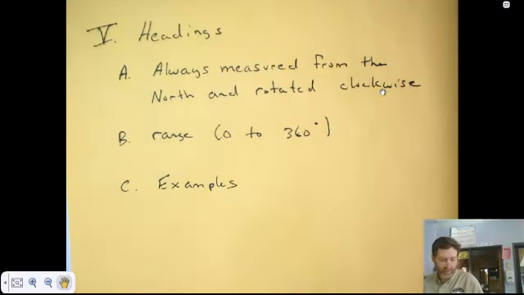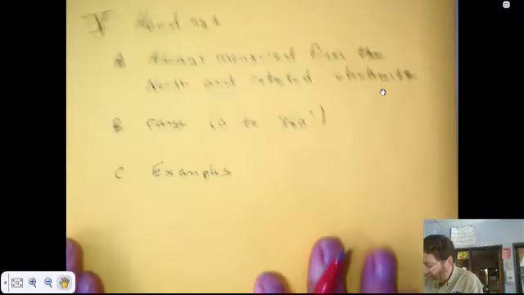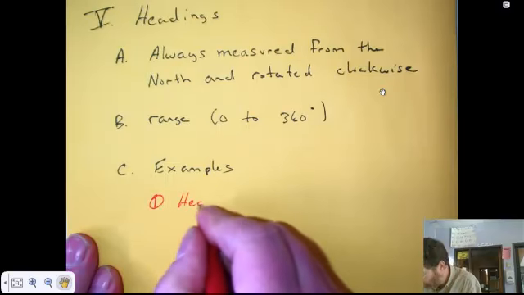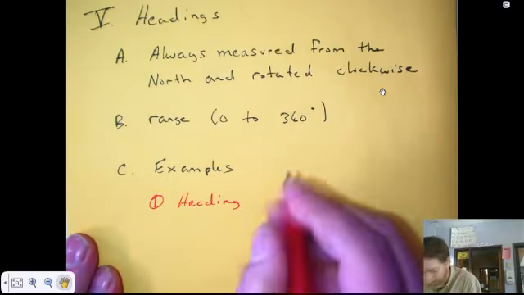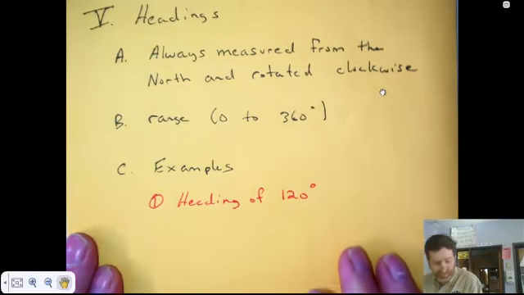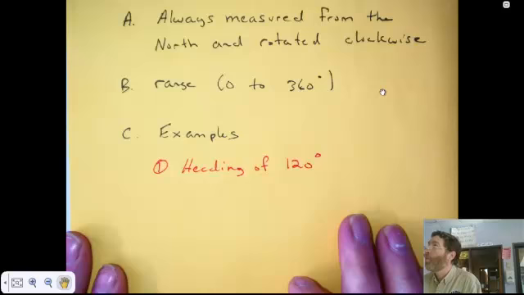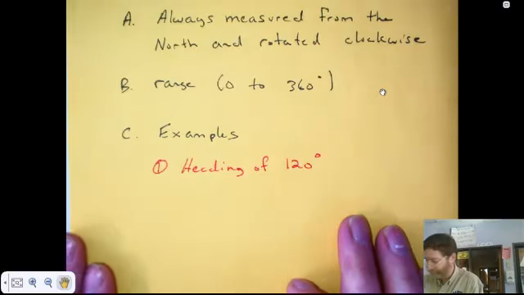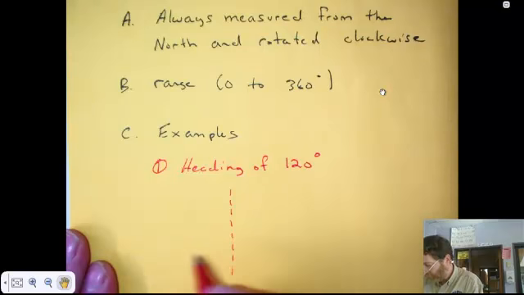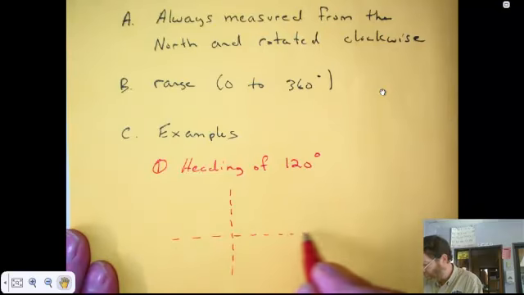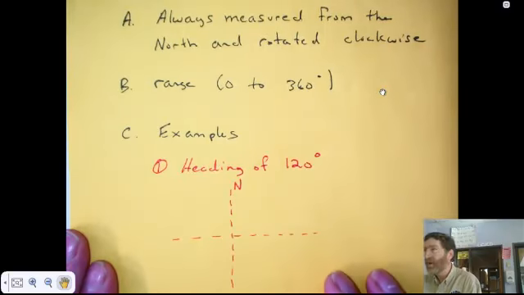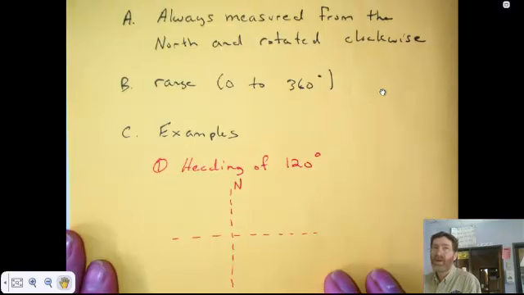So if a problem said it had a heading of 120 degrees, where would we draw this? It'd be a heading, so we start at the north and rotate 120 degrees clockwise.